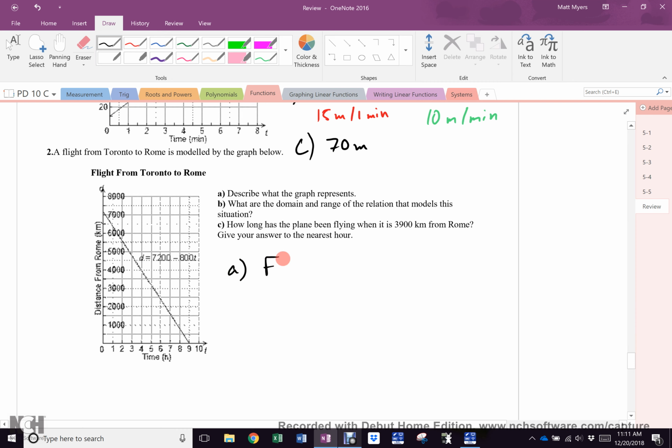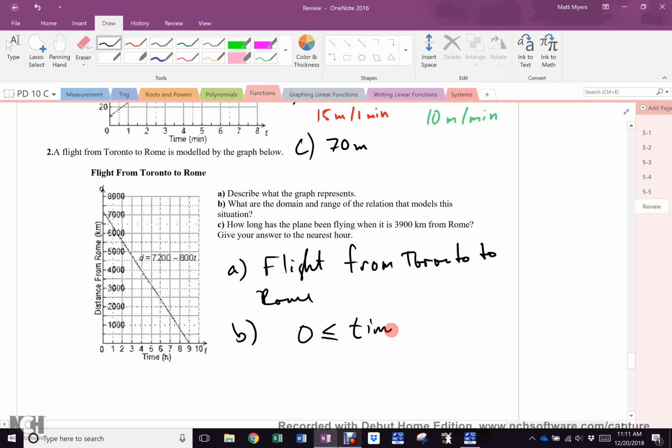A, flight from Toronto to Rome. B, domain, time, 0 less than or equal to time less than or equal to 9.